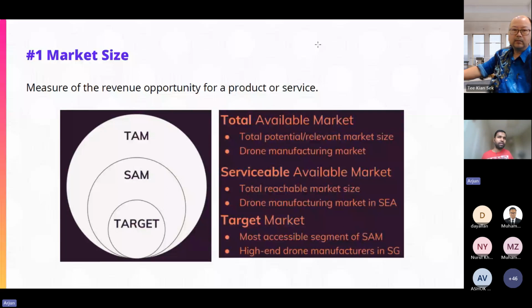A good example here is when Tesla came up with the electric car, it was the only company building an electric car at that moment. So the market size was so big, they were having good profit, good business.